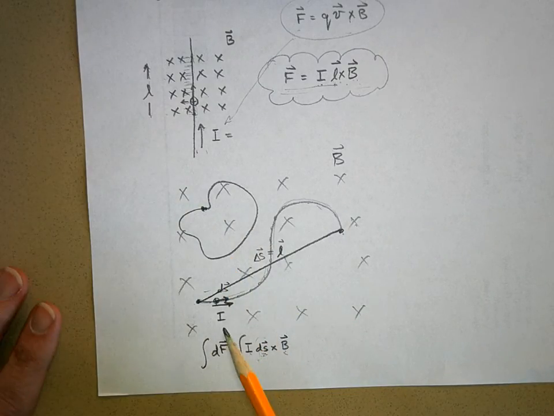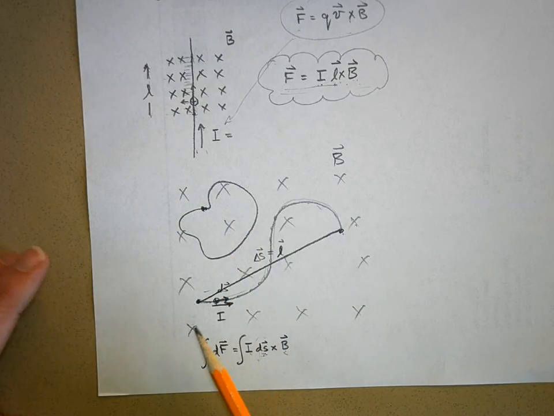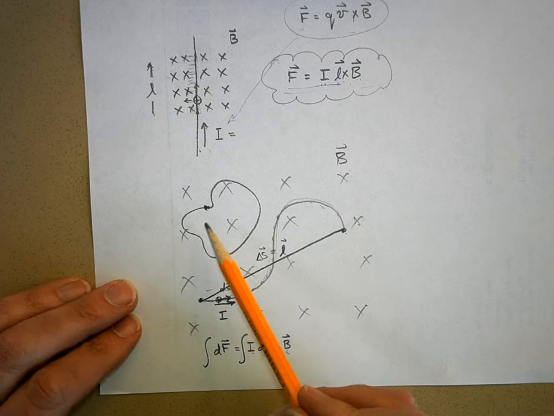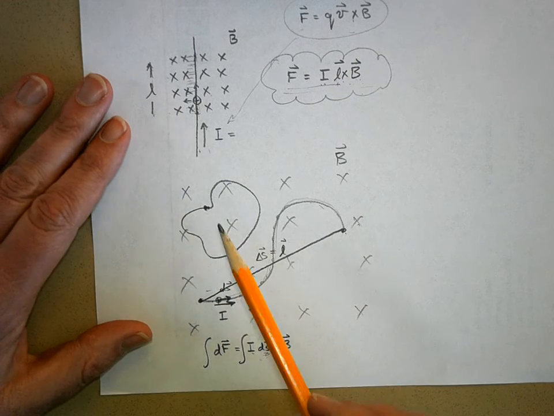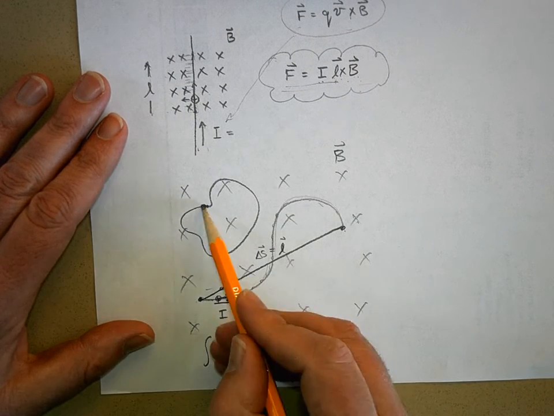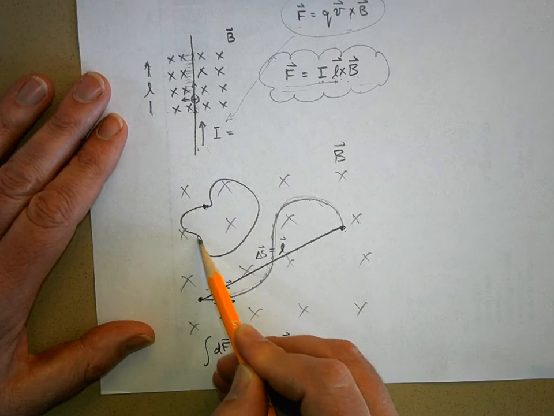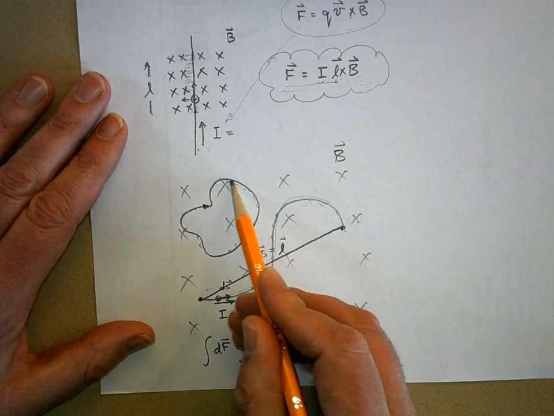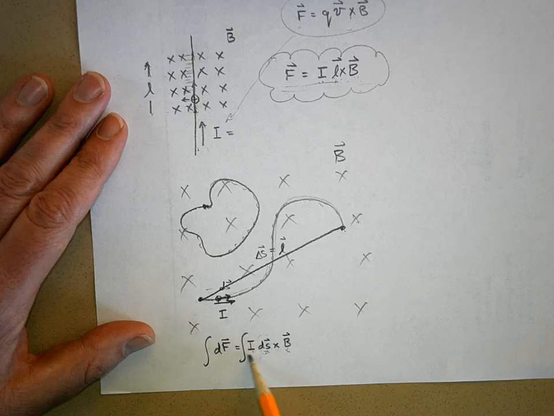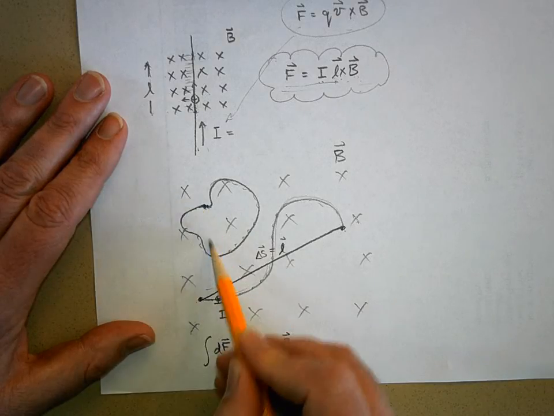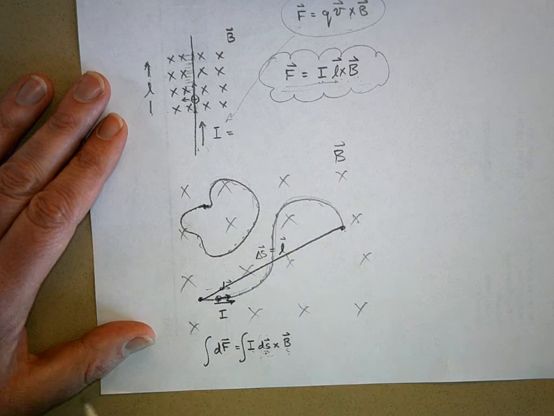Well, magnetic force is not a conservative force, and we'll talk about why that is later. But anyway, look, if I add up all the little forces acting on here, well, B is a constant, I is a constant, but what's my displacement if I go from here to here? It's zero. Yeah, very good.